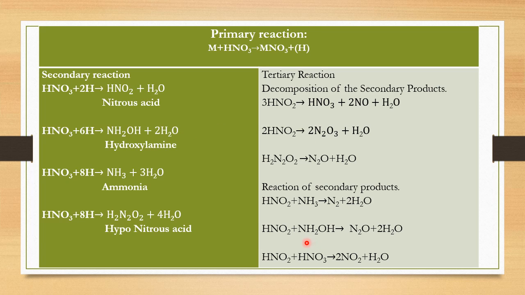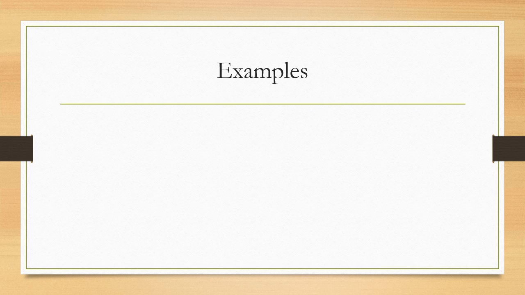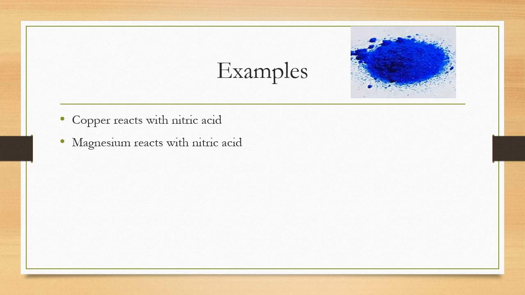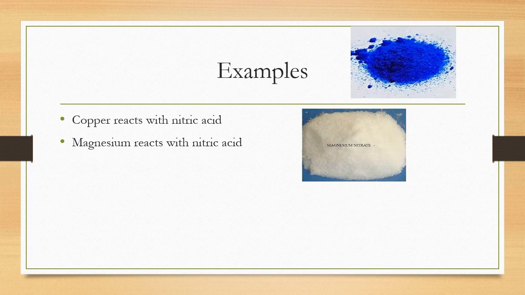Only then can we write how a single metal can react with nitric acid and give the products. Here are some examples of metals reacting with nitric acid. When copper reacts with nitric acid, the product obtained is copper nitrate. If magnesium reacts with nitric acid, the product is magnesium nitrate.